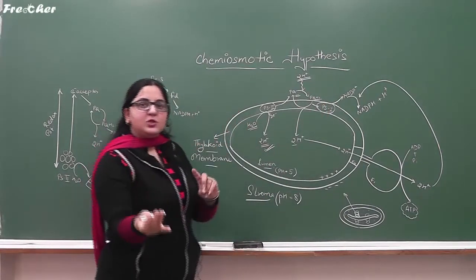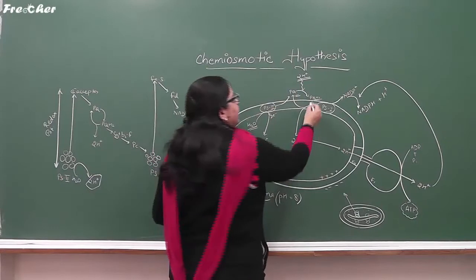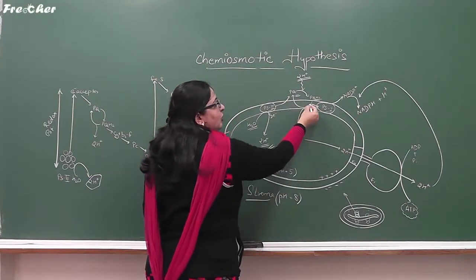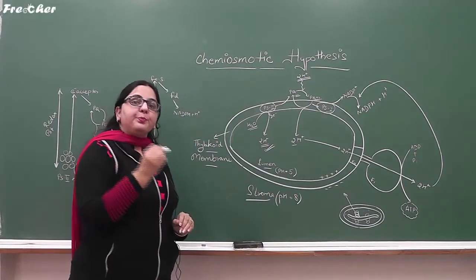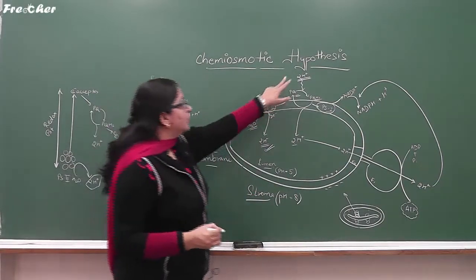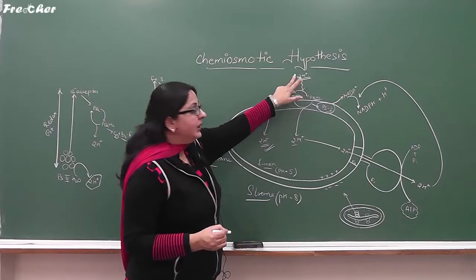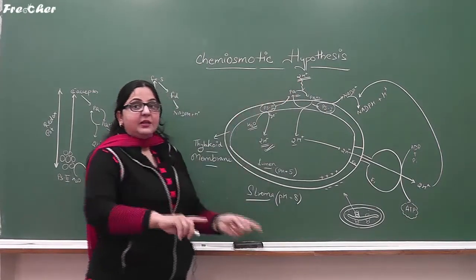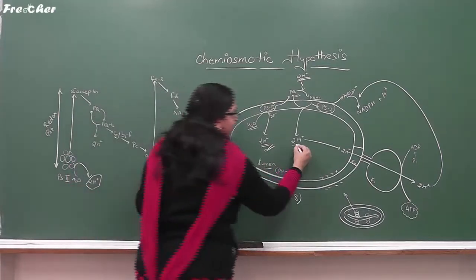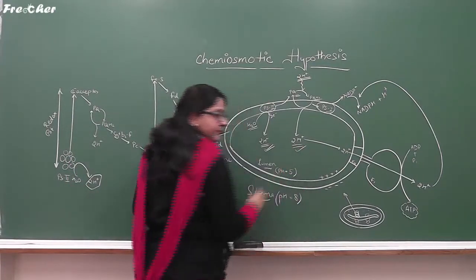Now from PQH2, it is again converting into PQ by removing two protons. Due to this quinone pump, protons are coming into the lumen from the stroma region. That means here also protons are accumulating into the lumen.